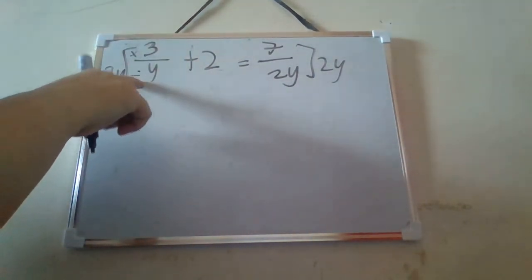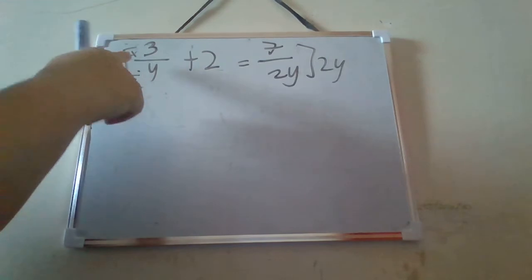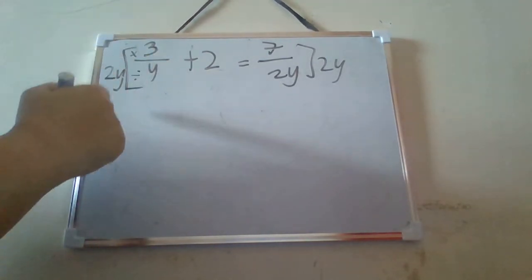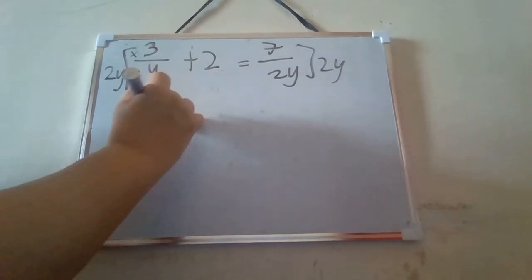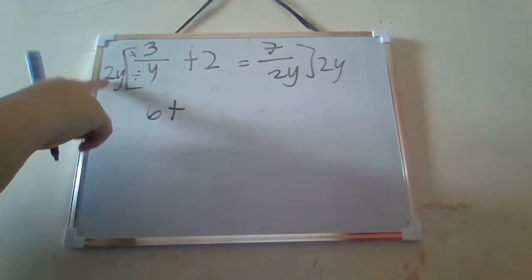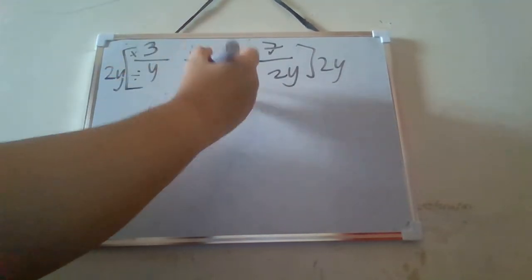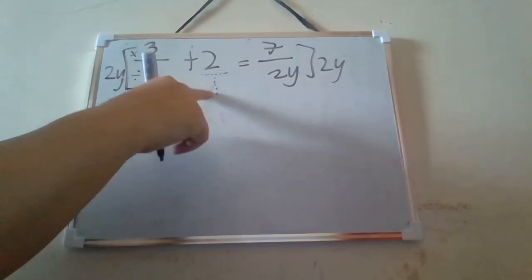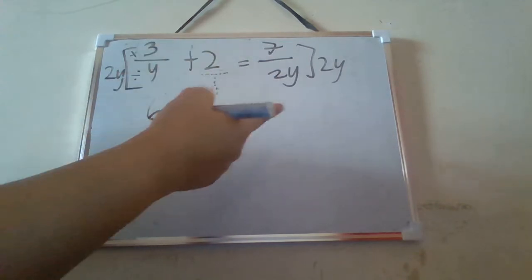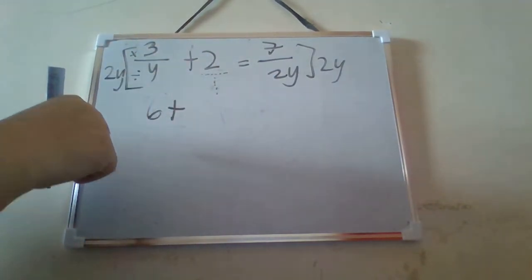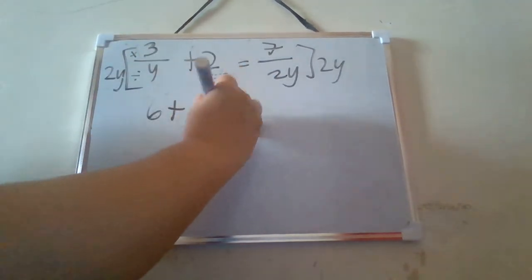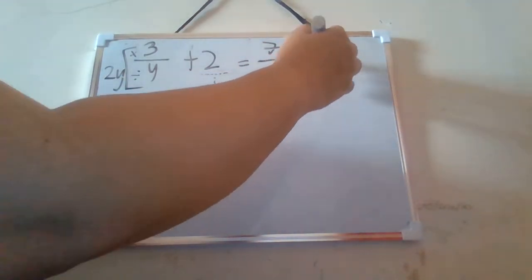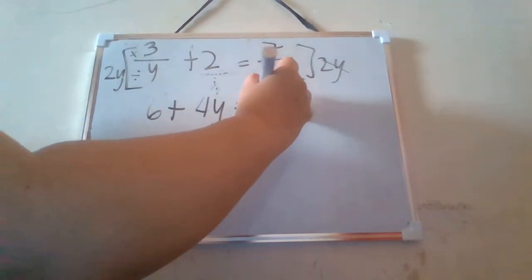So 2y divided by y is 2 times 3, because you eliminate this, it's 6. So this becomes 6. Plus 2y divided by 1, so it becomes 2y times 2, that's 4y. Equals 2y divided by 2y, so it becomes 1, times 7, it becomes 7.